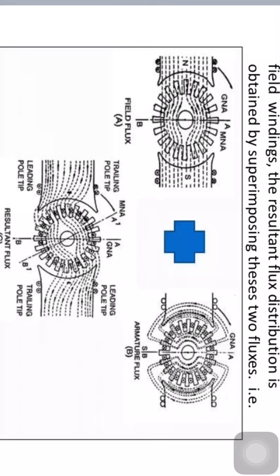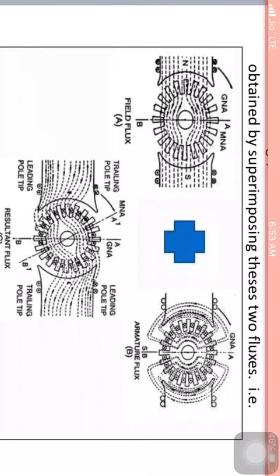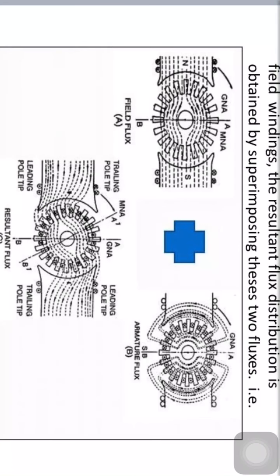In case of a generator, due to cross magnetization, the magnetic neutral axis on load shifts along the direction of rotation in DC generator and opposite to the direction of rotation in DC motor. In case of motor, if the motor rotates clockwise, then for north pole, the lower tip is leading tip, and for south pole, upper tip is the leading tip.